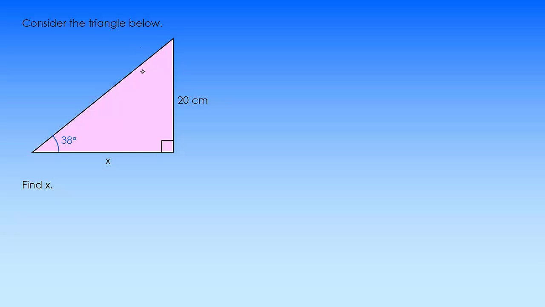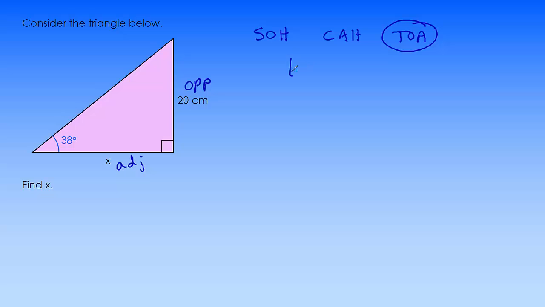Consider the triangle below. Now we're not finding the hypotenuse here, so in this situation we can do what we did before. We can say this is the angle, so this is the opposite, this is the adjacent, and then go to the mnemonic. Opposite and adjacent means tan.